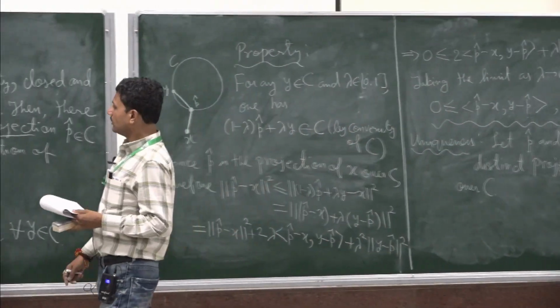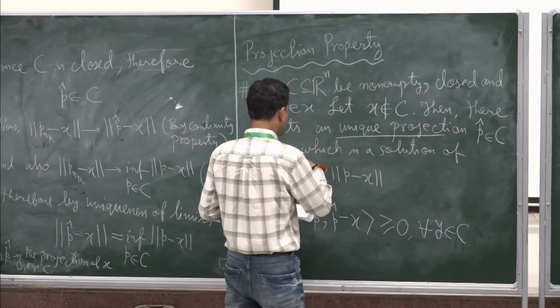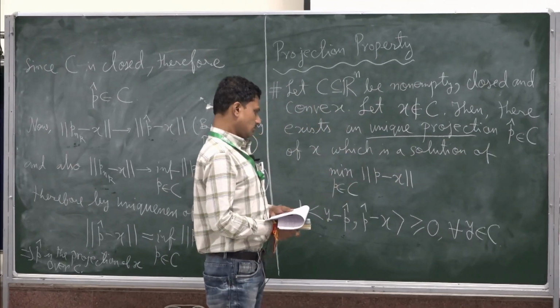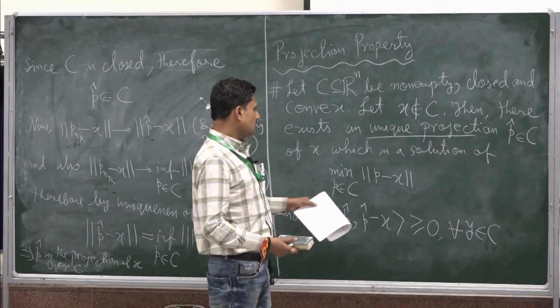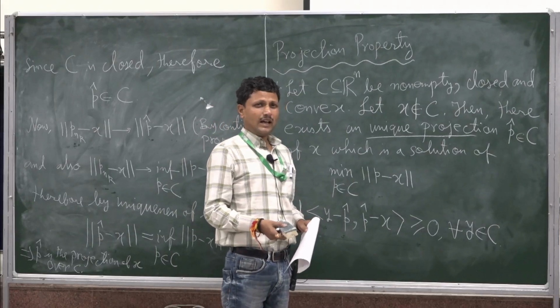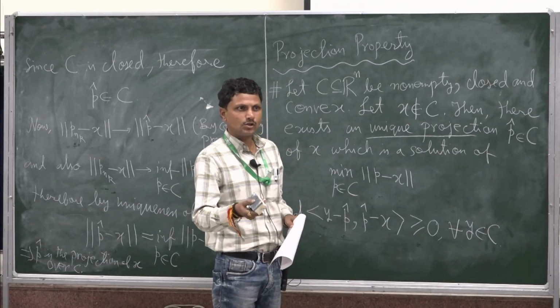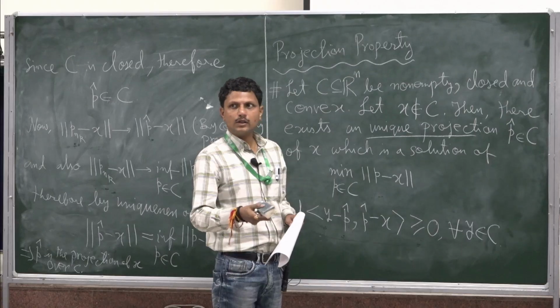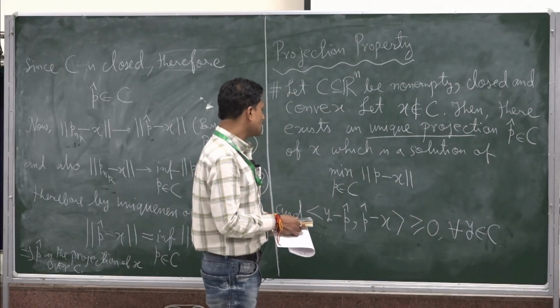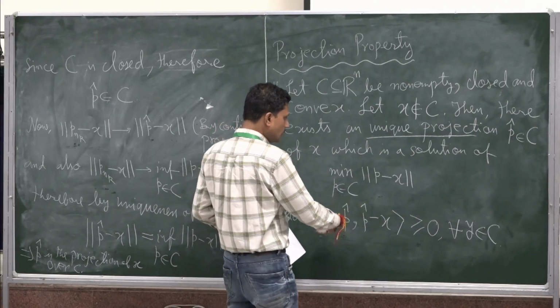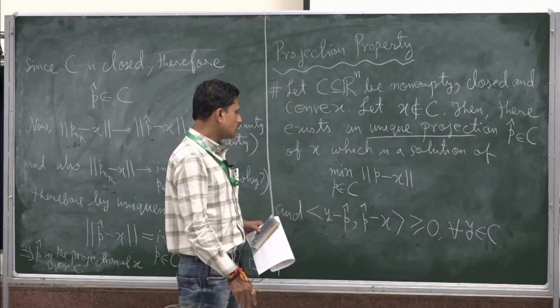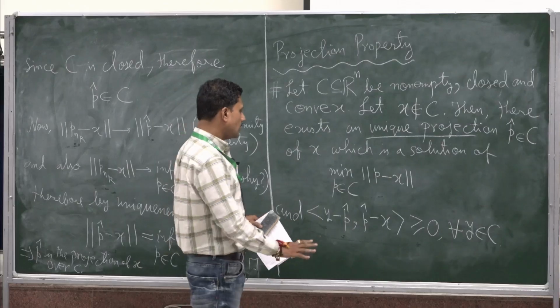We are trying to show that this minimization problem has only one solution. We cannot have more than one projection. So we have to prove this.